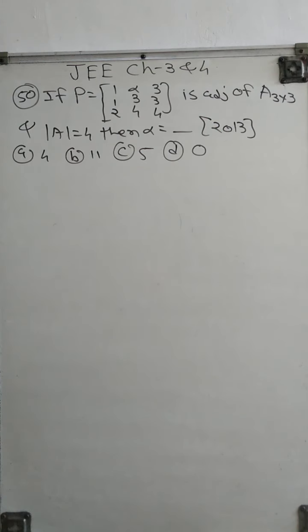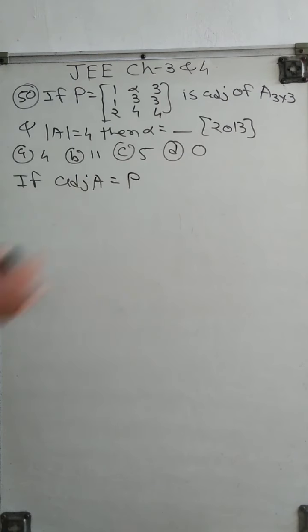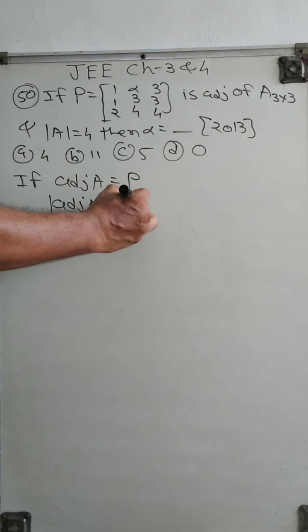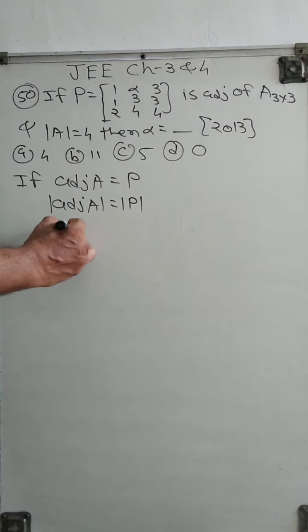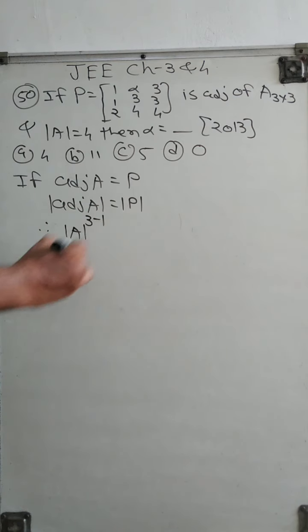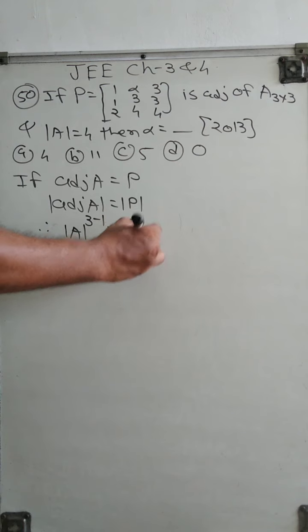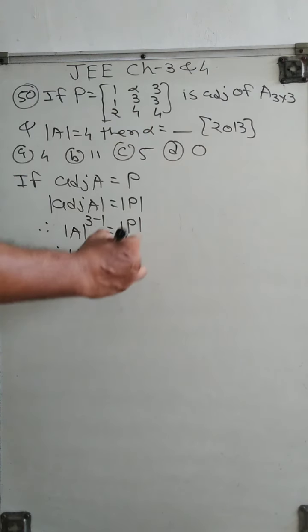We know one result: if adjoint of A is equal to P, then determinant of adjoint of A is equal to determinant of P. Therefore, here determinant of adjoint of A is equal to determinant of A to the power 3 minus 1, and it is determinant of P. Therefore, determinant of A square is equal to determinant of P.